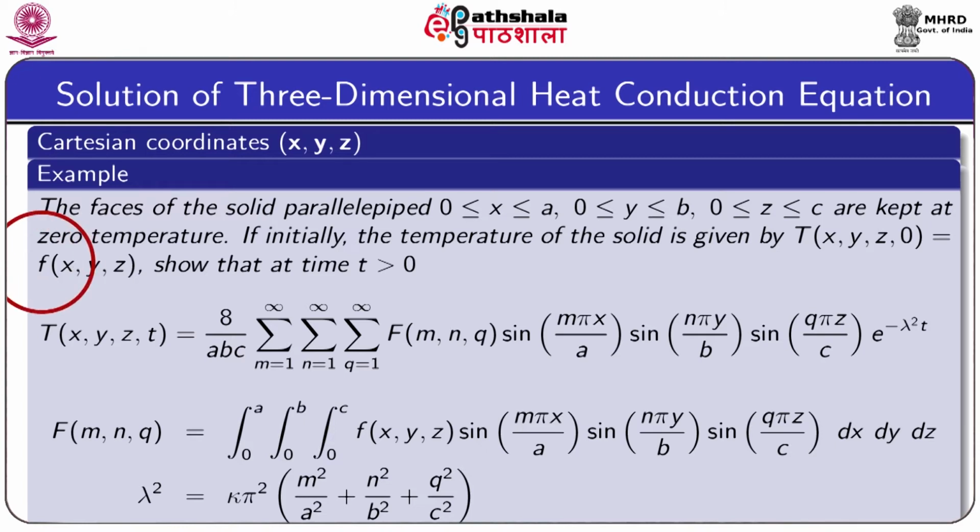This small f function is known to us, and we have to find the temperature profile inside the parallelepiped for any t greater than 0. So we have to establish this expression.